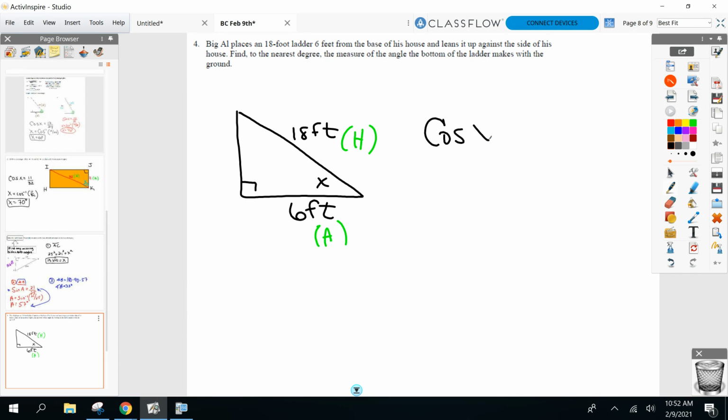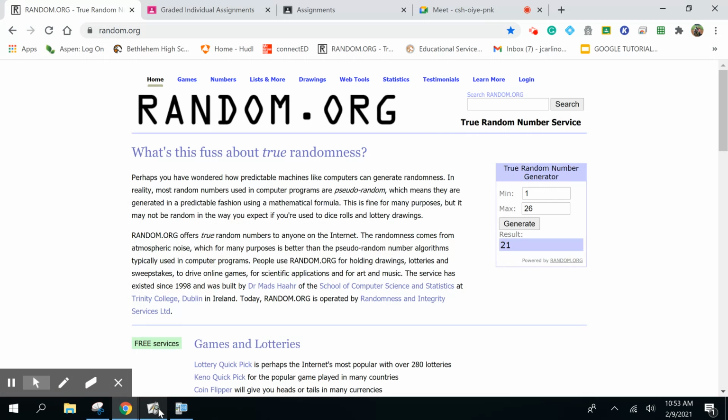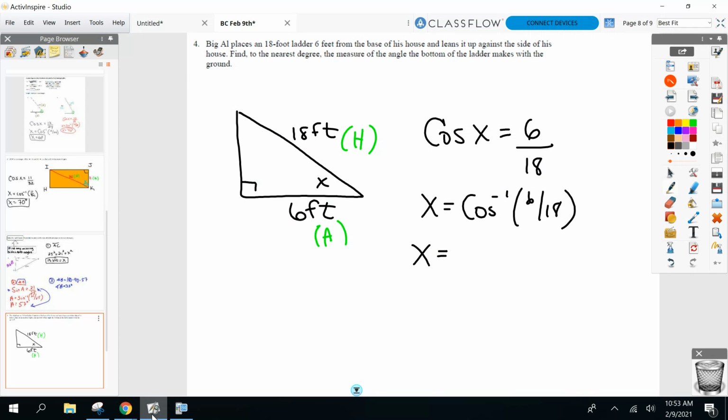Cosine of x equals adjacent over hypotenuse. Good. And then, as we've been doing all day, I'm going to take the inverse of cosine of 6 over 18. And what angle is that ladder making with the ground now? 71 degrees.